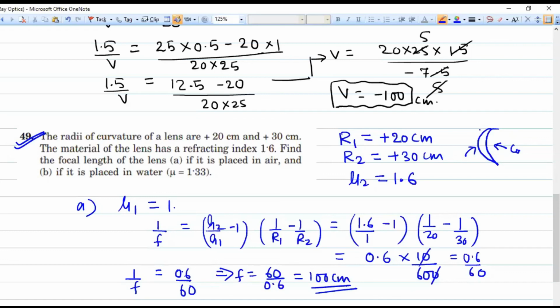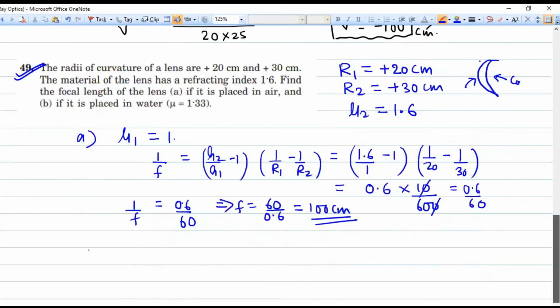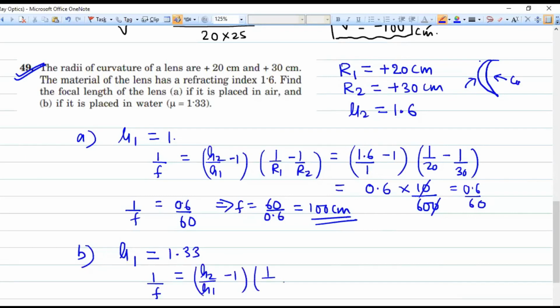So this is the first case. The second case is if it is placed in water. Just see here what the focal length will be. So B is given. When it is placed in water, the surrounding medium will now have the refractive index 1.33. Then what will be the focal length? We can use this formula: 1 upon f is equal to mu2 by mu1 minus 1, into 1 upon R1 minus 1 upon R2.